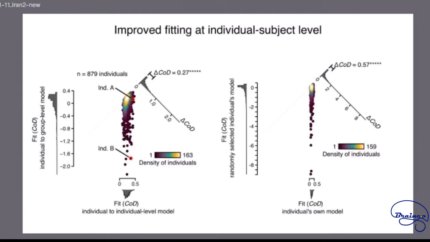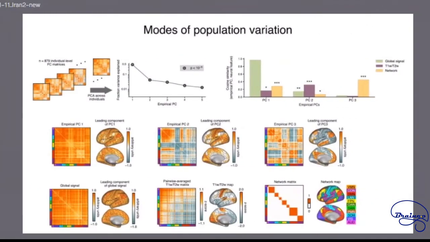All right, but the bigger scientific question is, what are the patterns or modes of individual differences, and how can we model those? To do that, we did principal component analysis to ask what are the patterns of variation on the functional connectivity elements. When we do PCA, we get certain modes, and we can look at those and try to interpret what they mean.